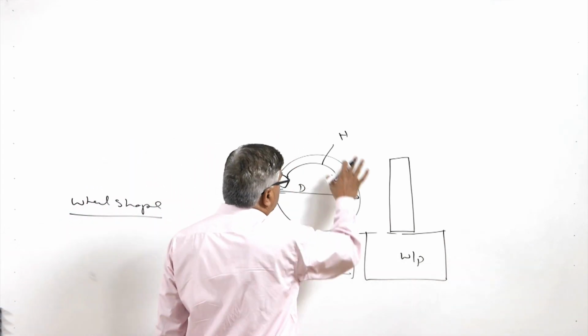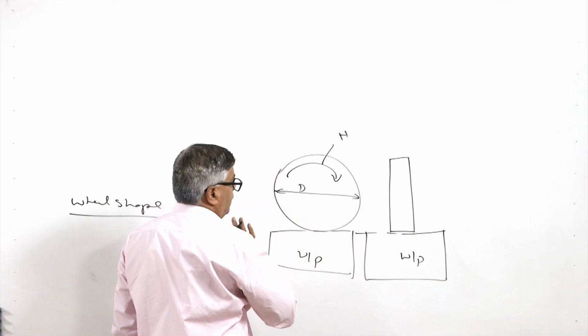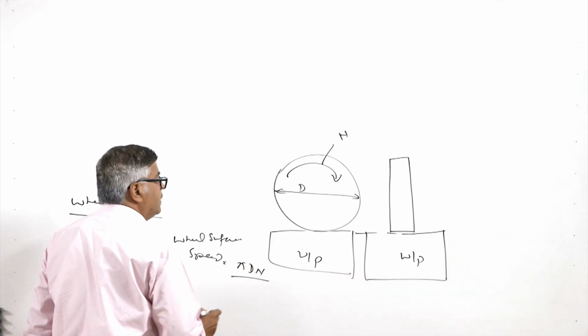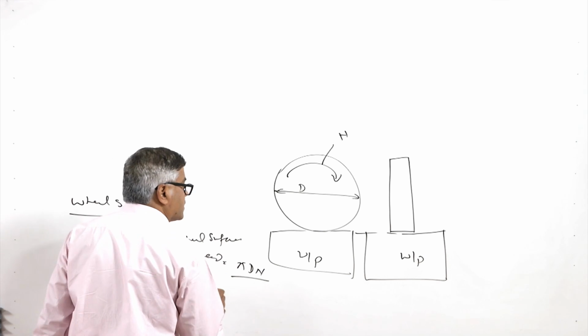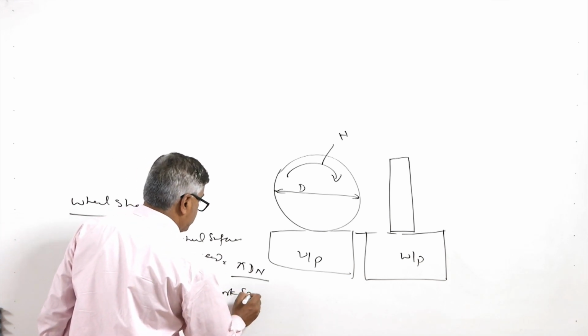So, against the rotating grinding wheel, the workpiece is fed past the grinding wheel at a certain speed. That is what is termed as the work speed.